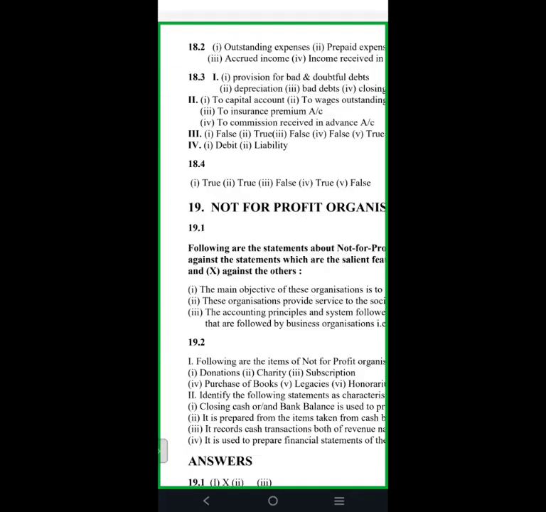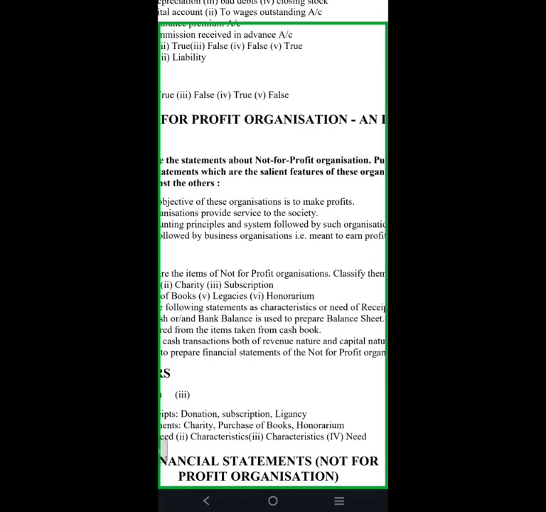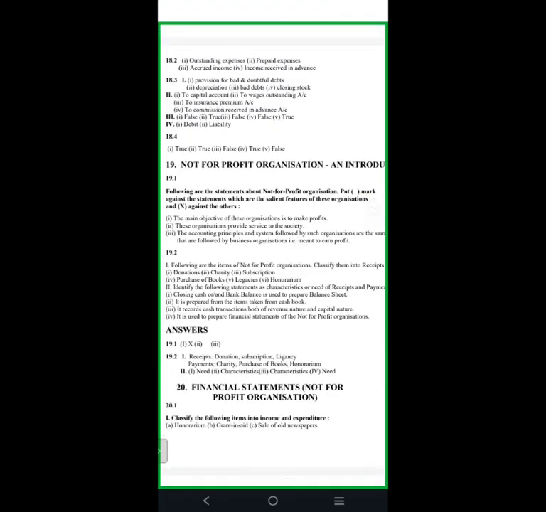Next, not-for-profit organization. Following are the statements about not-for-profit organization. Put tick mark against statements which are the salient features of this organization, and cross against the others.